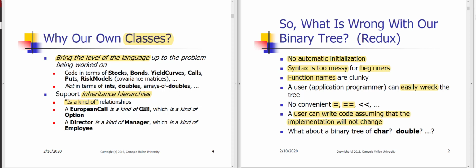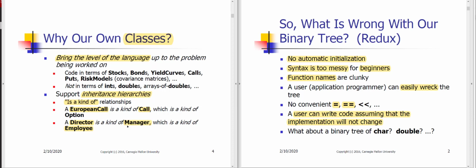For example, if we can write some code describing generally what a call is, then a European call is simply a kind of call. Likewise, if we know what we need to implement to represent an employee, then we know that a manager is a kind of employee and a director is a kind of manager.